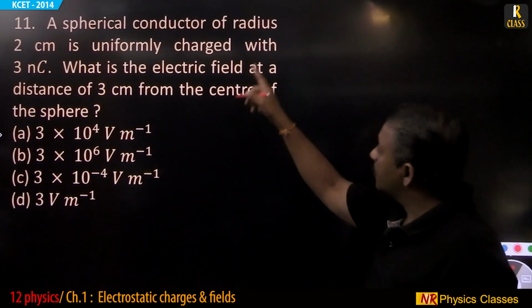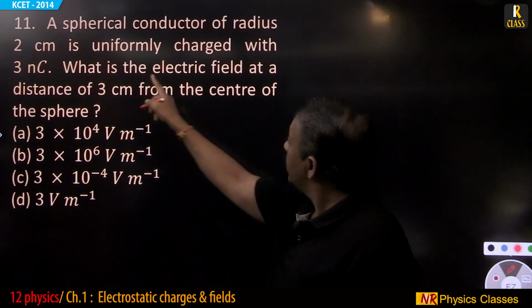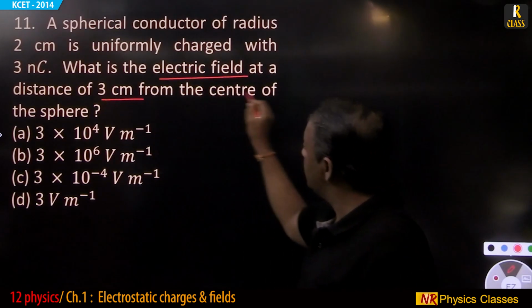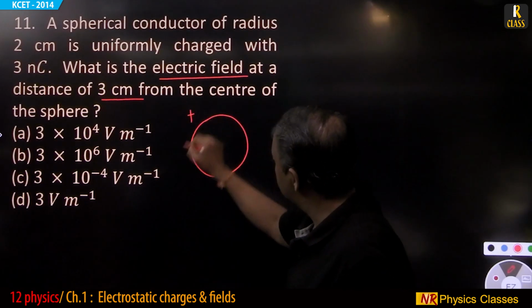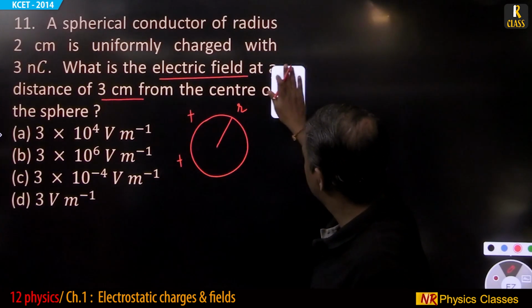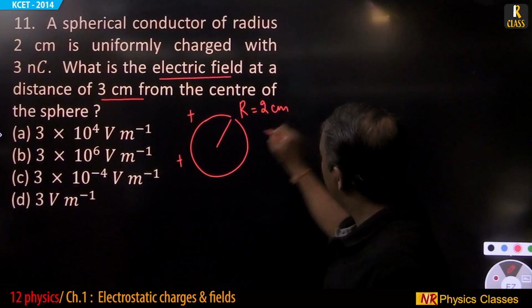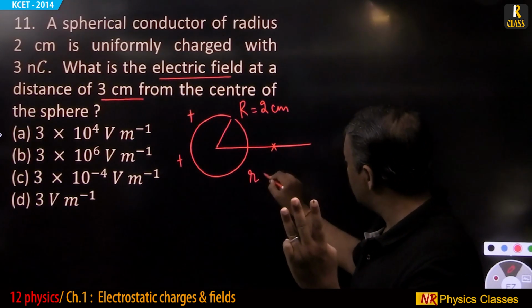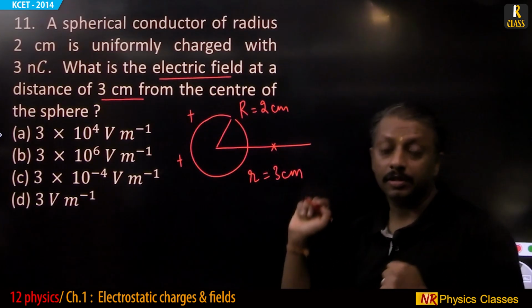A spherical conductor of radius 2 centimeter is uniformly charged. What is the electric field at a point 3 centimeter from the center of the sphere? So here is a charged sphere, radius is 2 centimeter, but the point is at a distance of 3 centimeter. So r equals 3 centimeter, the point is outside the sphere.